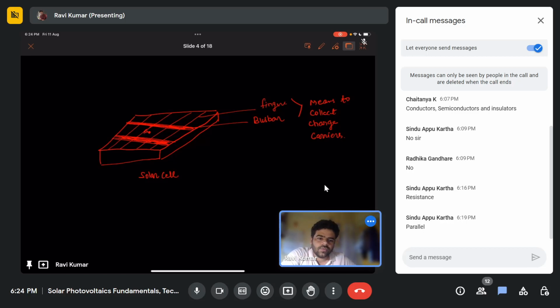So at what point will this electron experience some kind of resistance? First, here only. First, we can say there will be some resistance on the sheet, that is the surface of the solar cell.